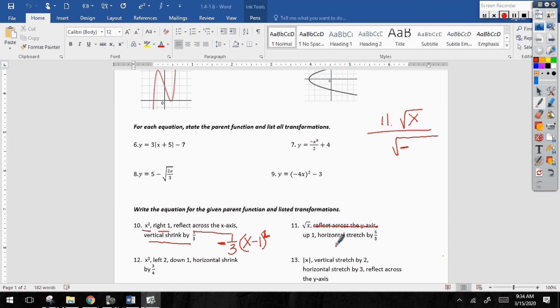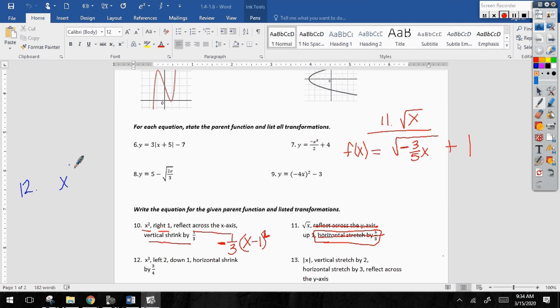Now, this is where that flipping comes back in because everything is opposite with x, right? So I need this to be 3/5 times x. And now, that takes care of this one. Now I need to go up 1, so that goes on the outside since it's a vertical. And there's my equation.